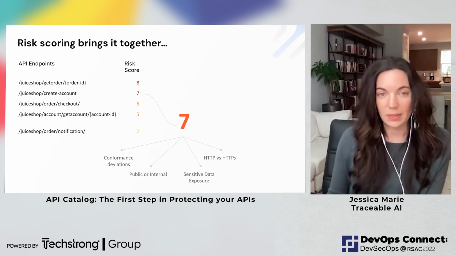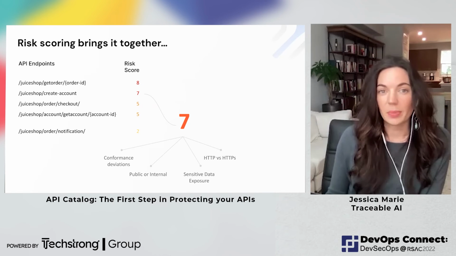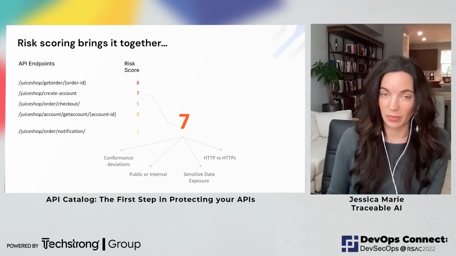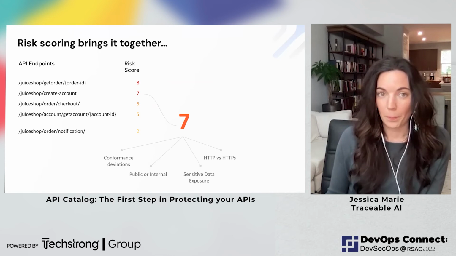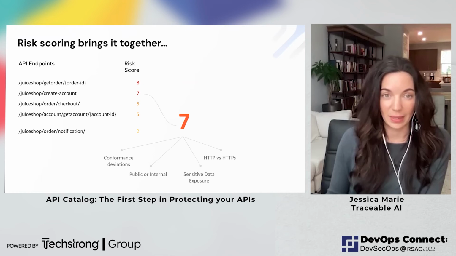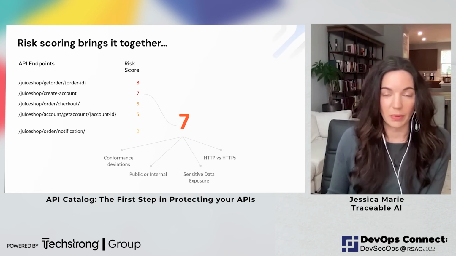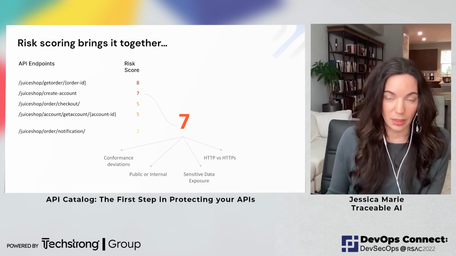And finally, once your APIs have been discovered and cataloged, you need to be able to take action on that information. And specifically for security teams, risk scoring is a non-negotiable capability. It's important to have the ability to generate risk scores that proactively identify vulnerable APIs. Those API risk scores evaluate the vulnerability of APIs used in your business logic.